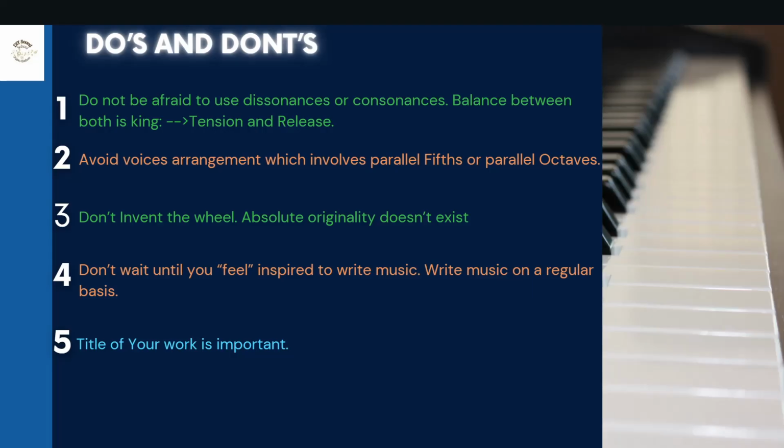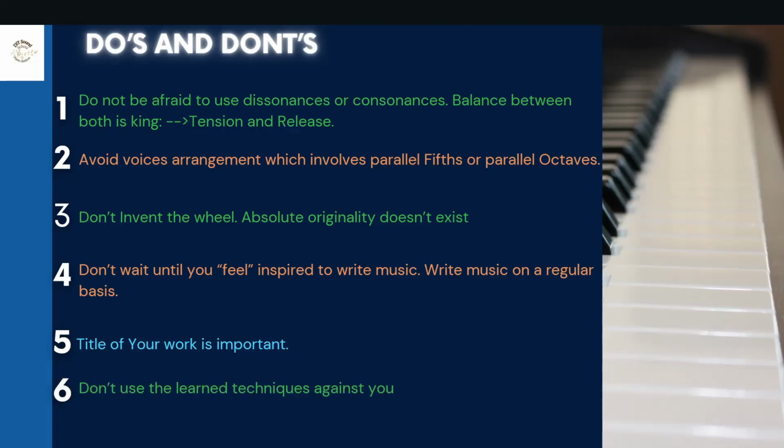Sometimes they don't fit, and we don't get a lot of visibility, or it doesn't present a good idea of what the piece of music is about. So at the beginning, look at your title and put some thought into it, because it will also help you, if you haven't composed it yet, to guide you through the process of composition itself.